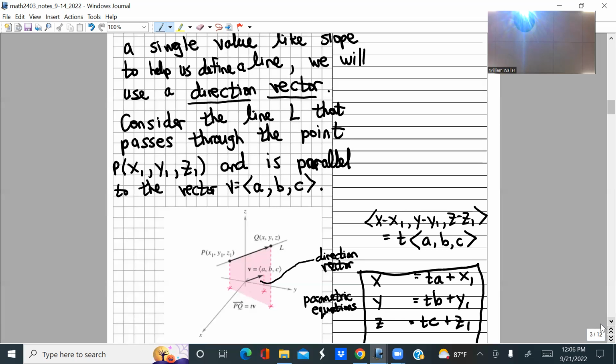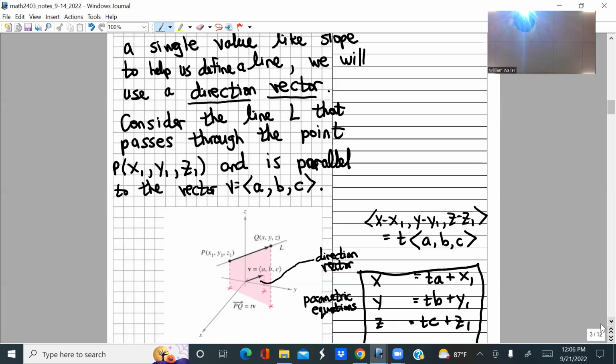So I'm going to call that mystery point Q. All I know is it falls on this same line L that contains this point. So I don't know the coordinates of the point Q. So let's just say they're x, y, and z. I don't know, folks, exactly what the values are.